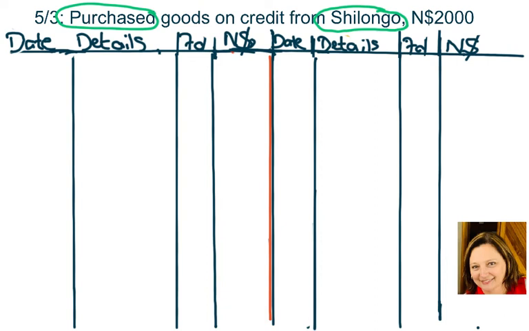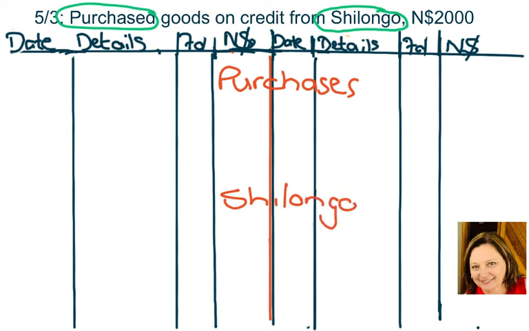P equals purchases, so purchases will be my debit. So let me open a purchases account. There's my purchases. My other account I said is Shilongu. Now remember, Shilongu can be called a creditor, a supplier, or accounts payable.